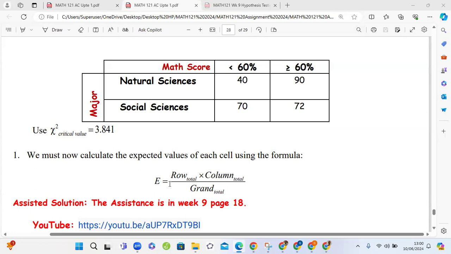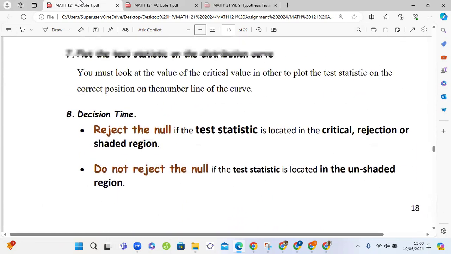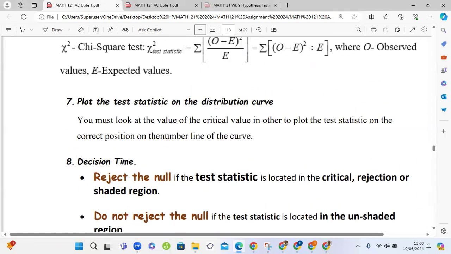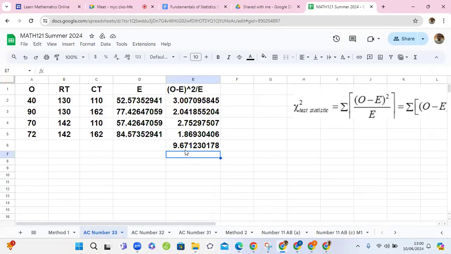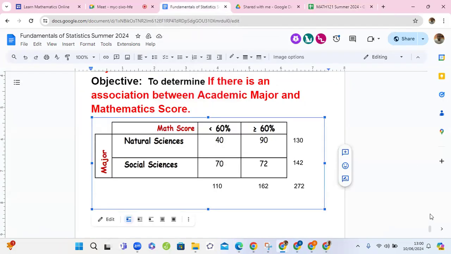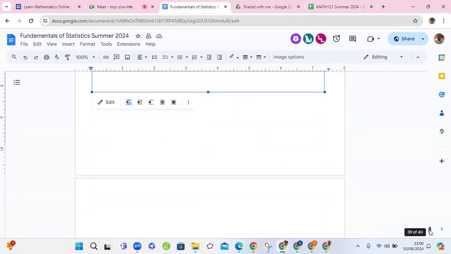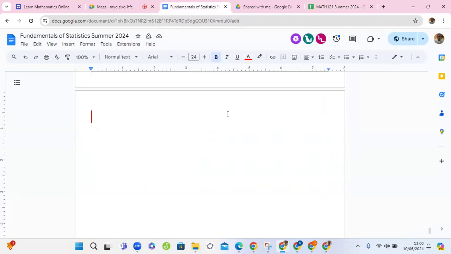So as you can see, we have calculated the expected values and the chi-square contributions. We add them up, we get the chi-square test statistic. And as you can see in step number 7, we have to plot the test statistic on the distribution curve. The test statistic is 9.67. Let's get the distribution curve.